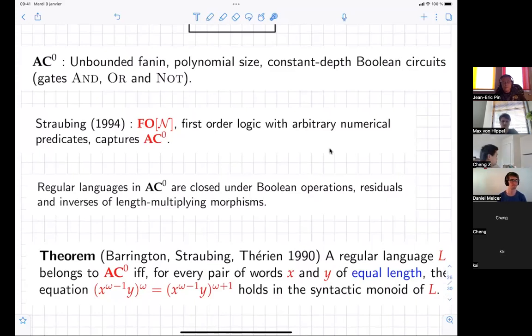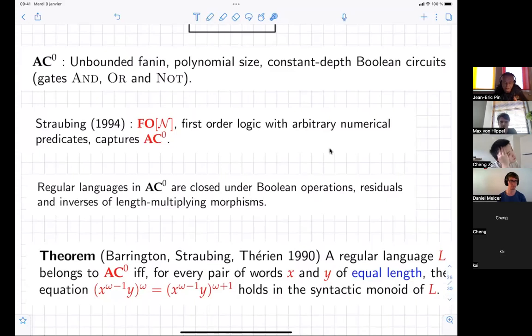What I want to say is that in order to separate these complexity classes, you may try to separate them by some languages. So yes, there is this language majority and so on. But it turns out for AC0, this is very special because you can use regular languages to separate them.